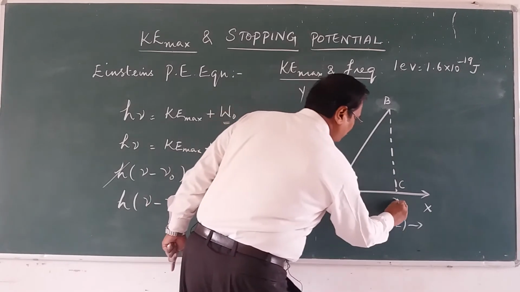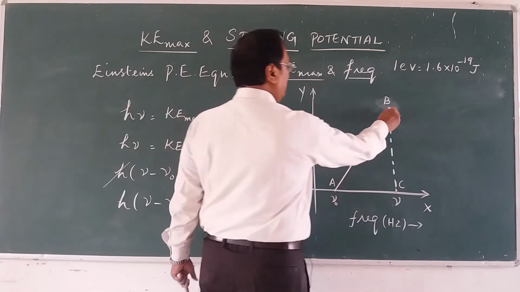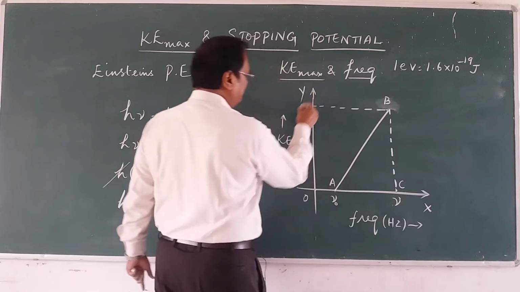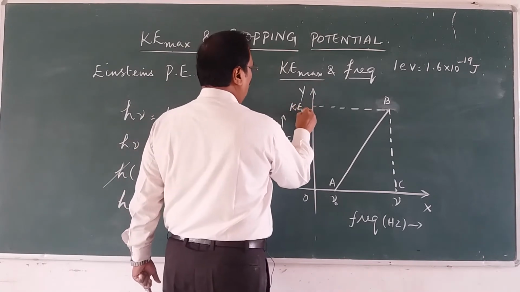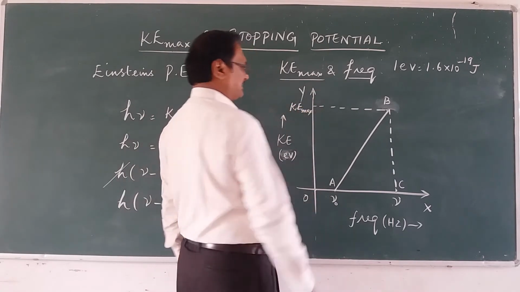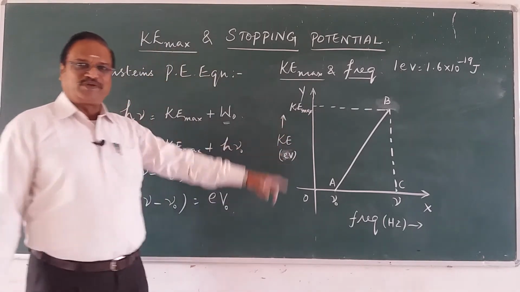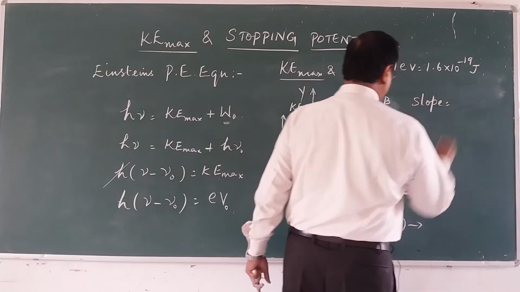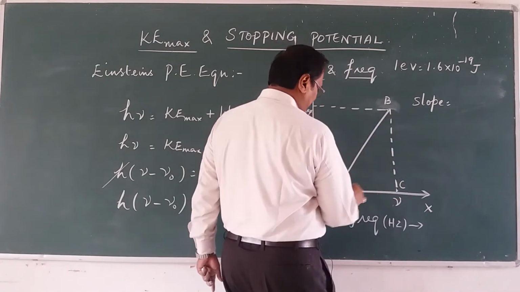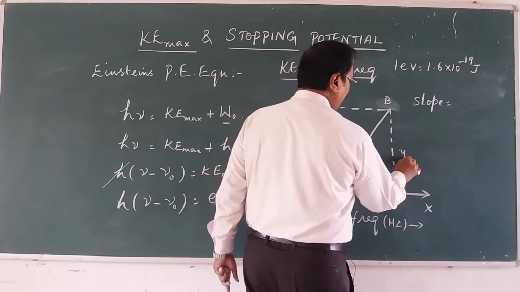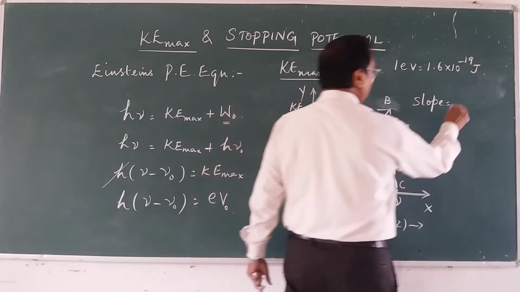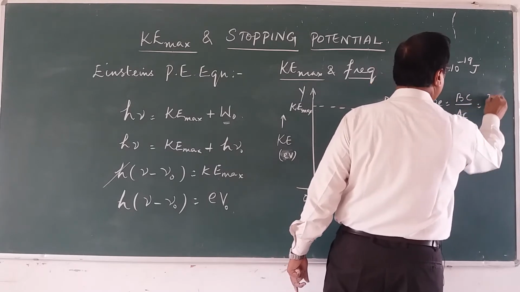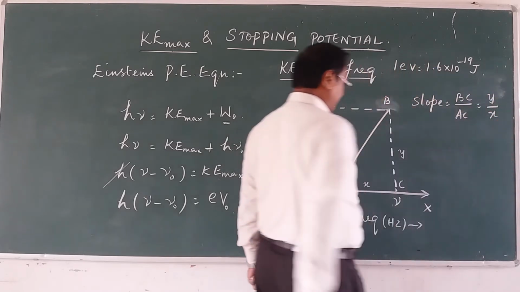At this point the frequency is nu, and at the tip here, what is the kinetic energy? For this line, this is the maximum kinetic energy. This is called kinetic energy max. Okay, you see this is the slope. Now I can write here: slope of the straight line is equal to BC upon AC, y value divided by x value, which is equal to y upon x.